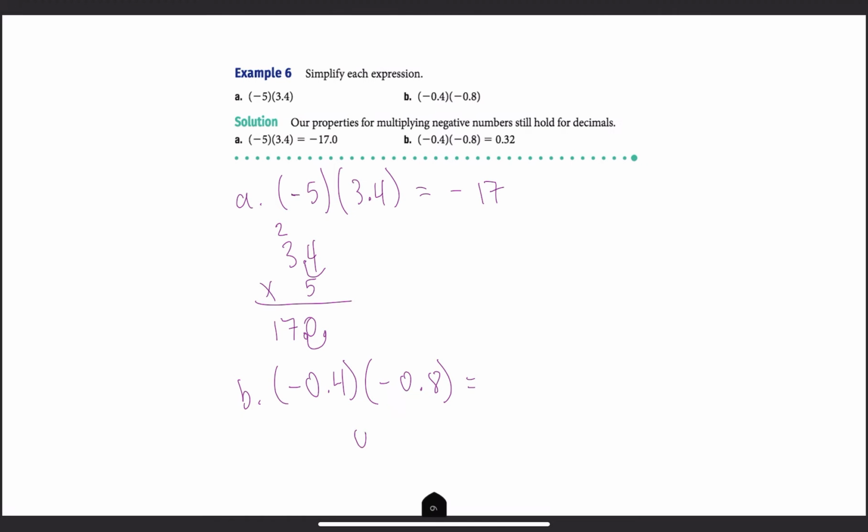So when I go to do this math, 8 times 4 is 32. And then I could multiply by 0, but it's not going to do anything for me. But what I do need to recognize is that when I move my decimal point 1, 2 places over, I do need to add a leading 0.